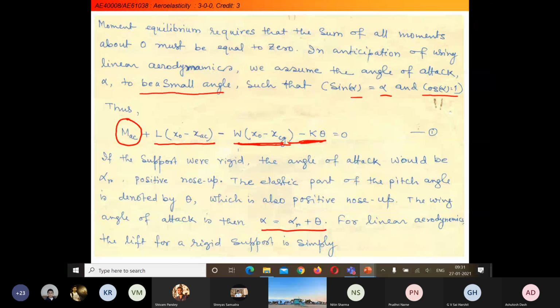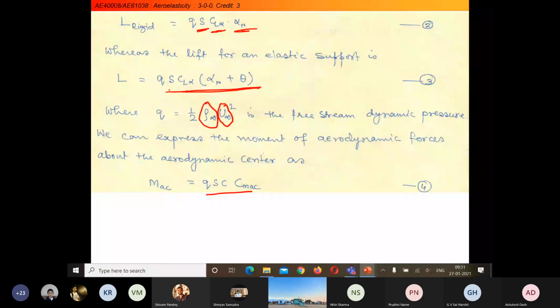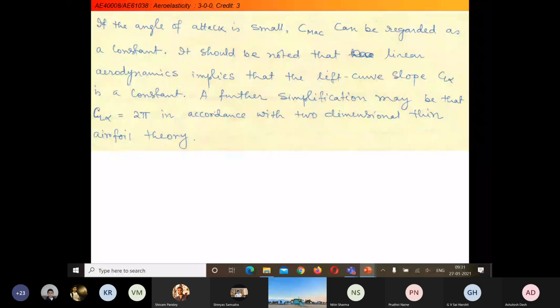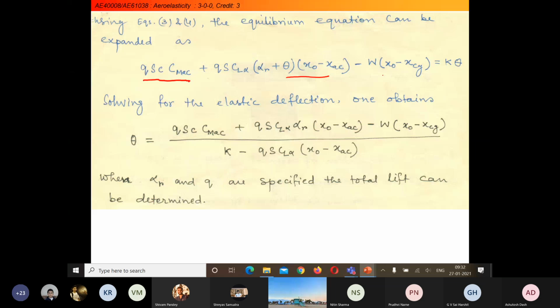So after getting all these values, I am just substituting in that earlier equation. So QSC into C max plus QSCL alpha into (alpha r plus theta) multiplied by x naught minus XAC, minus W into x naught minus XCG, that is equal to K theta. I am taking the right hand side and rearranging this equation and solving for theta, we will be getting theta equal to this.